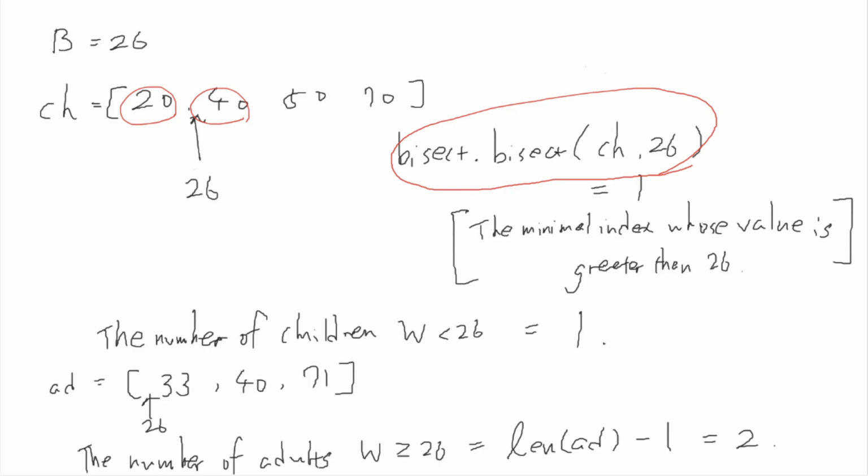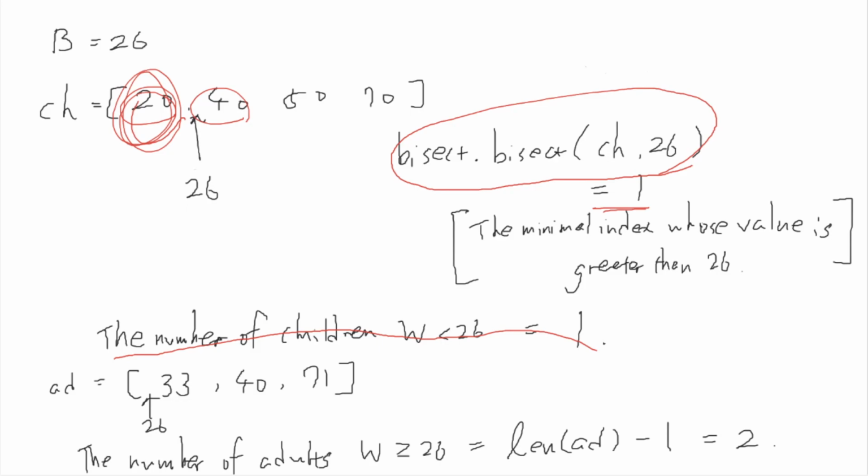In this case, we get 1, and 1 is the number of children whose weight is less than 26. So the number is 1.